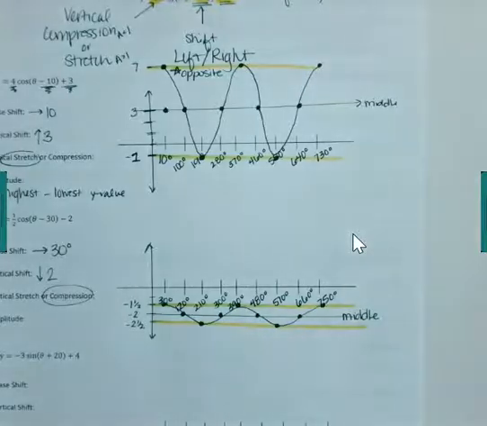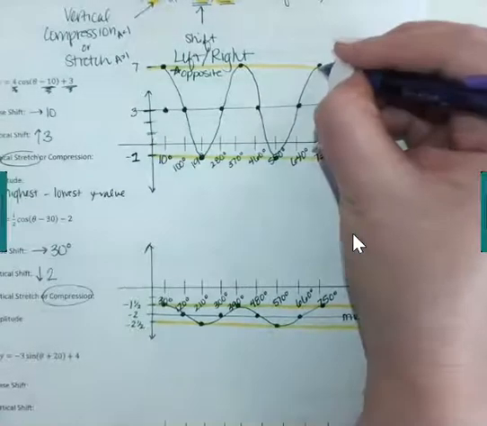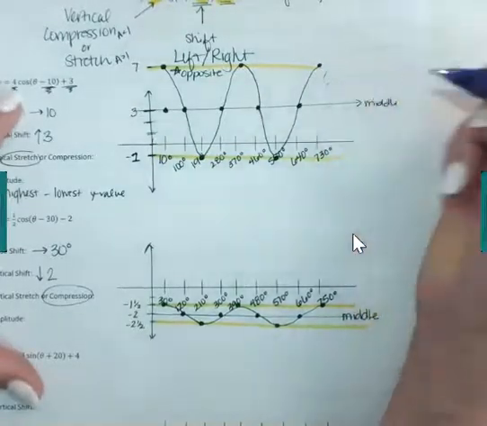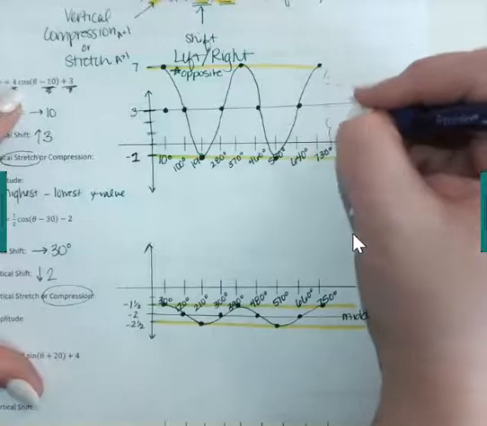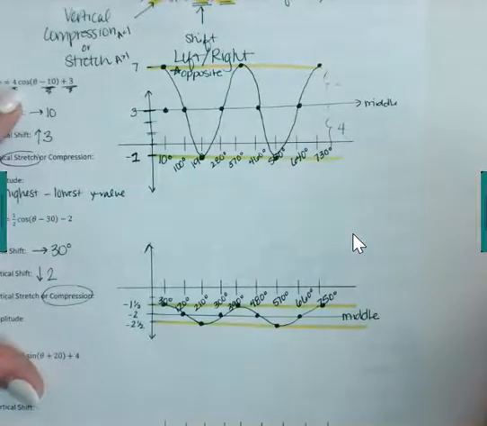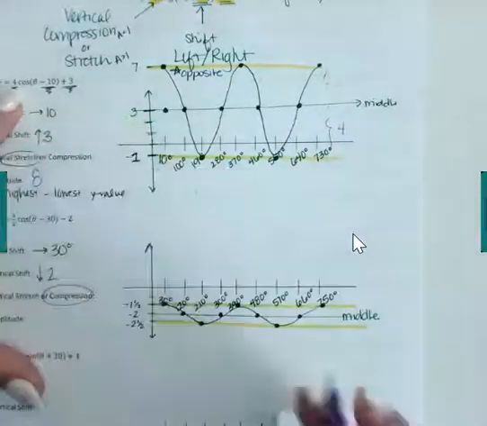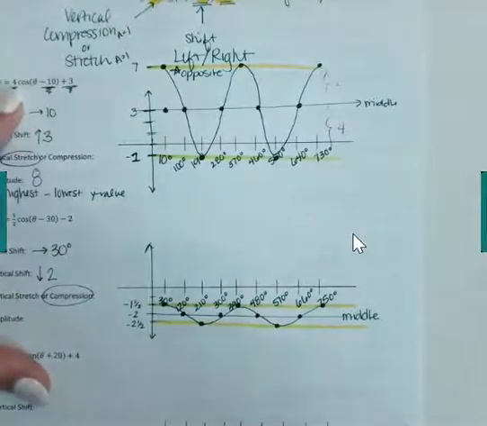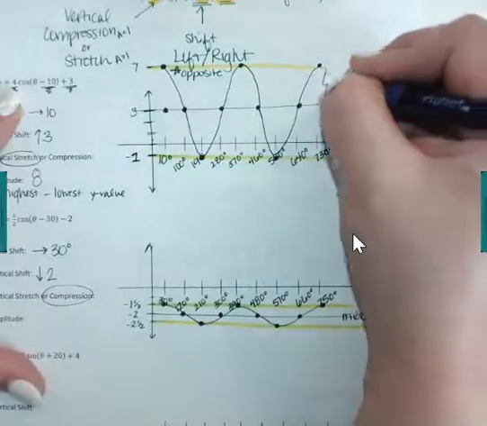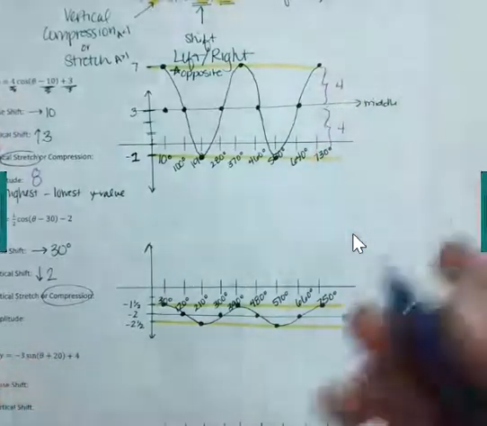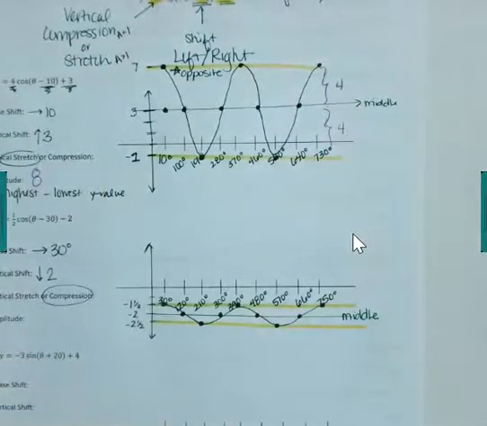How many did I have to count up? 4. How many would I have to count down? 4. Then what's the total amplitude? 8. So think about if it's 4 above the middle and 4 also below the middle, then your amplitude is always just going to be twice how far you counted up or down.